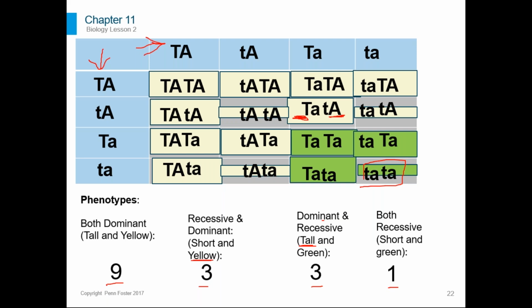You need to remember that 9, where they are both dominant, is the most common. It's very rare to have one where they're both recessive, so that's why it's only 1. And then in between are the 2 versions that have one dominant trait and one recessive trait, and those are 3. So out of these 16 offspring examples, you get 9, 3, 3, and 1.